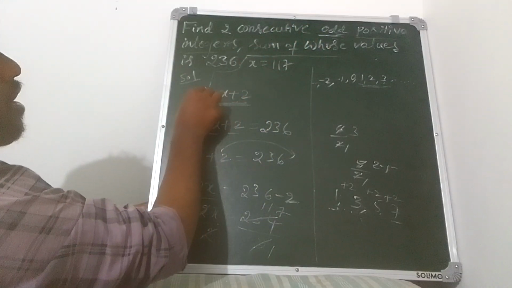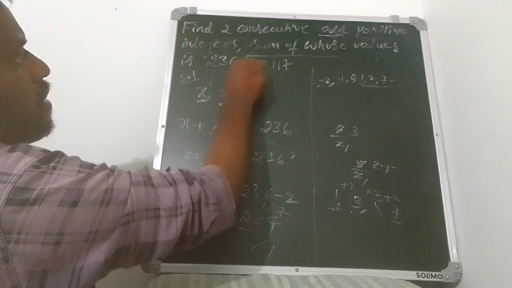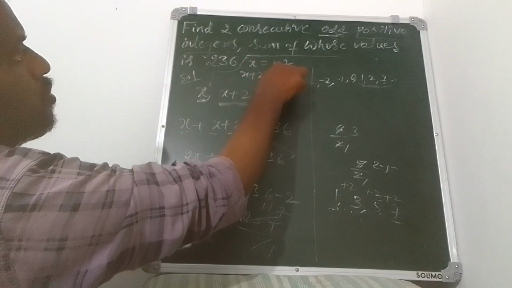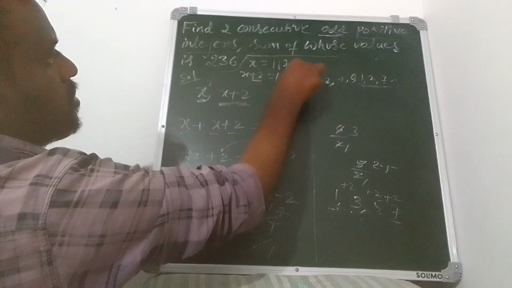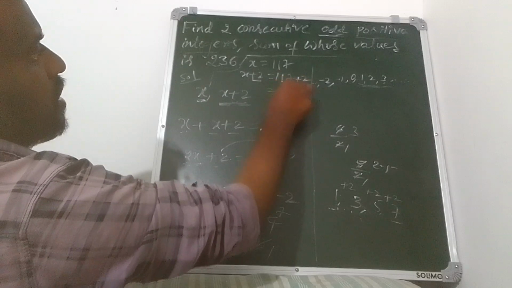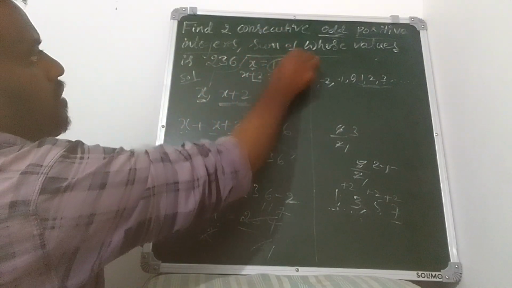So the first number we got. We want the other number, that means x plus 2. X plus 2 means what? In place of x you have to substitute this value 117, and this plus 2 will be as it is. Now add 117 plus 2, how much? 119. So the first number is x, that is 117.